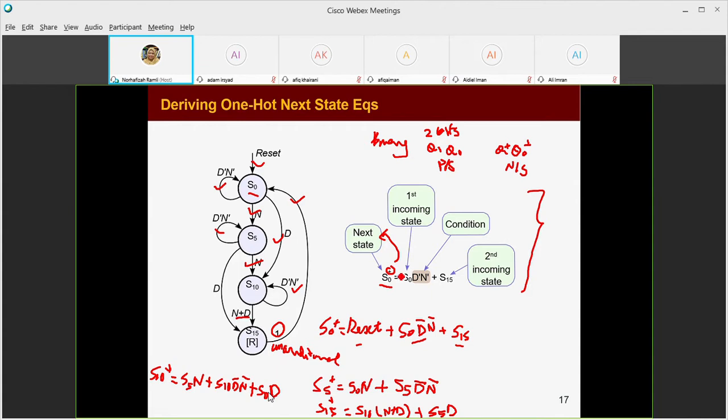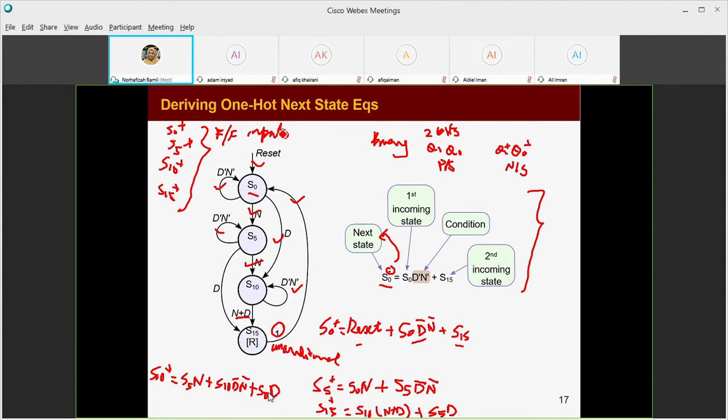And all of this next state is the flip-flop input. These are the S0 plus, the S5 plus, the S10 plus, and the S15 plus. These are all flip-flop inputs, same as before.